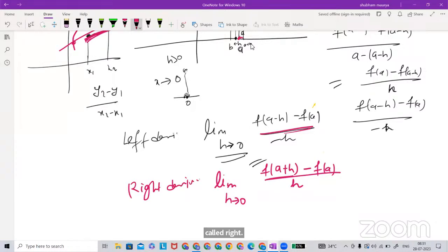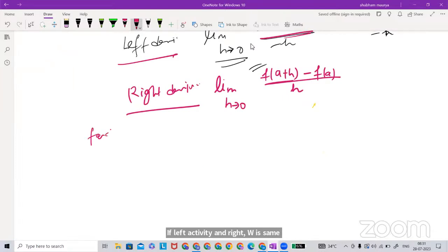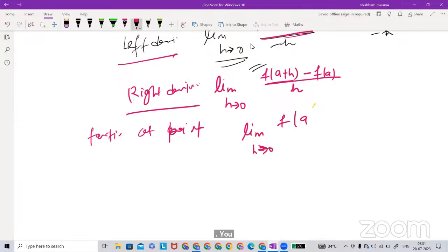And again, the same case as left limit and right limit: if left derivative and right derivative are the same, then we say the function is differentiable at that point. And the derivative at that point is exactly limit h goes to 0. With positive or negative h, either one you can denote. I am denoting with the positive case.